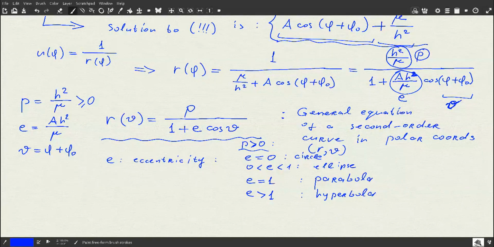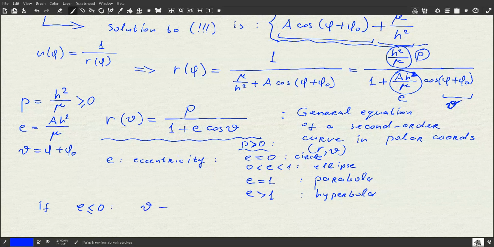Another question is whether it would make sense, for example, to have E negative here, E less than 0. I would say no. Why not? Because if E is less than 0, then we can do a substitution.